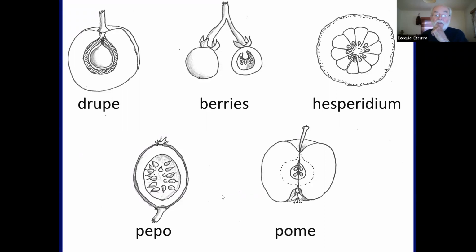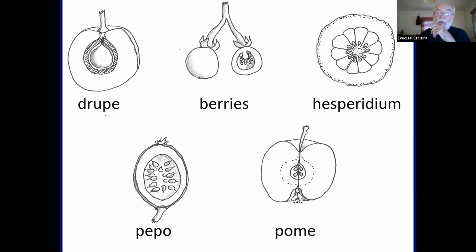And then within the subject of inferior ovaries, one last fruit that can be distinguished as a separate type of fruit is the pome. The pome occurs in a subfamily within the rose family, which is the apple and pear subfamily. Other plants like the loquat, for example, occur here. And basically, they have a similar structure to that of the pepo.